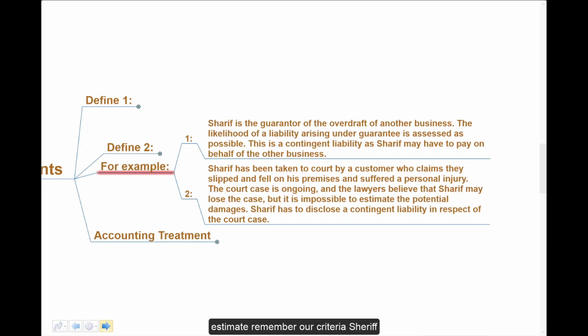We can't estimate. Remember our criteria. Sheriff has to disclose a contingent liability in respect of the court case. Make a disclosure, and as we'll see as we go across the page, disclosure means detailing as much information as you can in relation to this contingent liability.